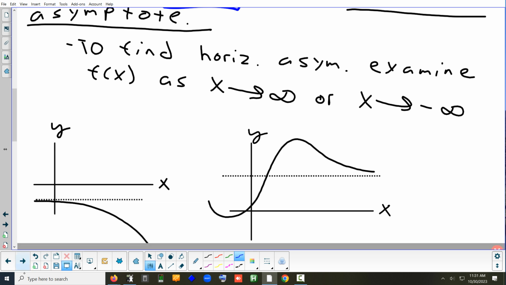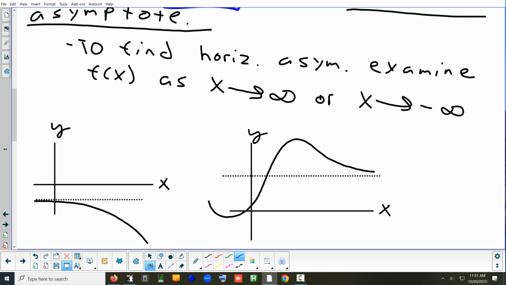There's a couple examples of asymptotes. So you can cross an asymptote, like this one right here. That's fine. The idea of an asymptote is that it doesn't have anything to do with what's happening when x is small. It has to do with what's happening as x gets bigger and bigger, like in the thousands, 100,000s, millions, as you head really far to the left and right.